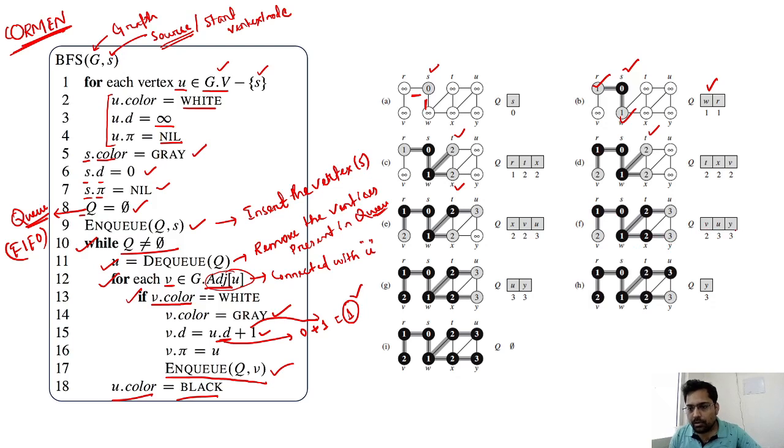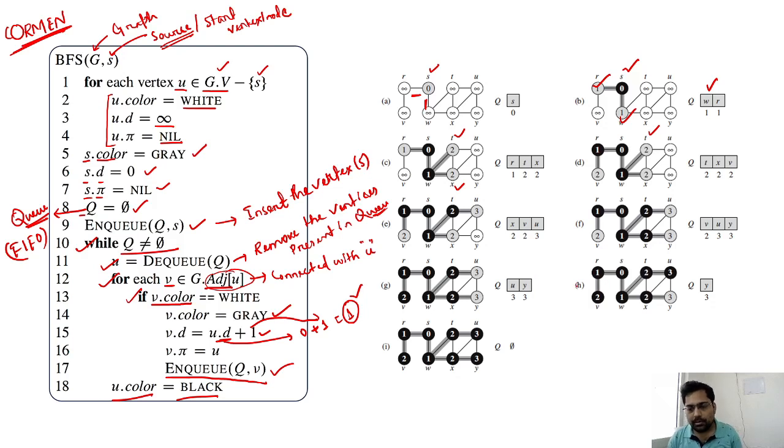Next, V, U, Y, but first this one will be deleted, meaning dequeued. Once we remove it, only then we do the operation on it. Here the connected one is already visited, so no need to check that one. Rather we will make it black. So we change the color to black.